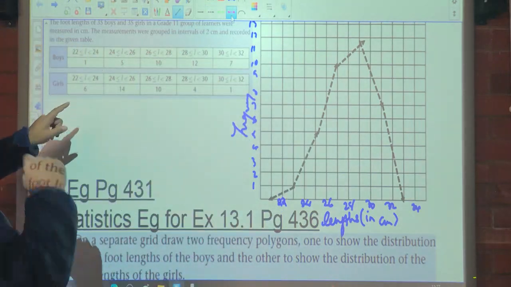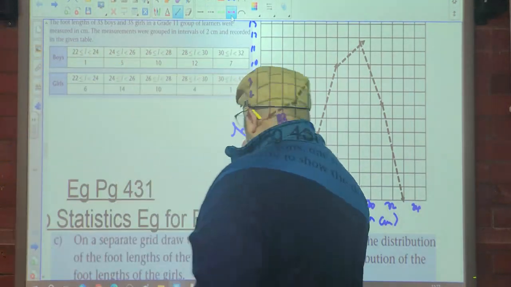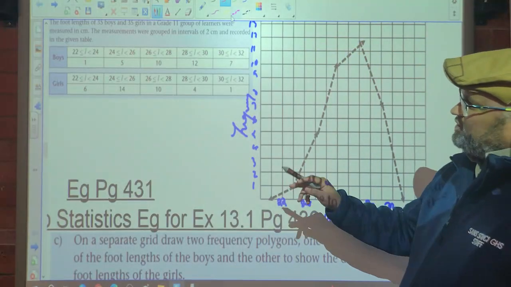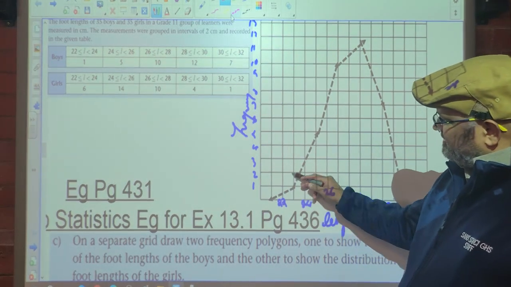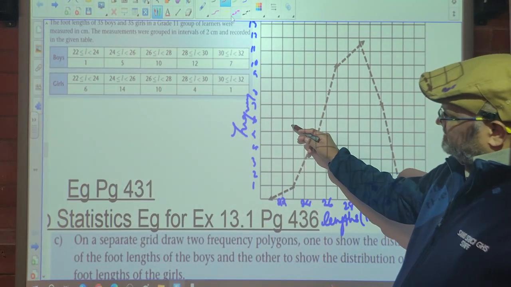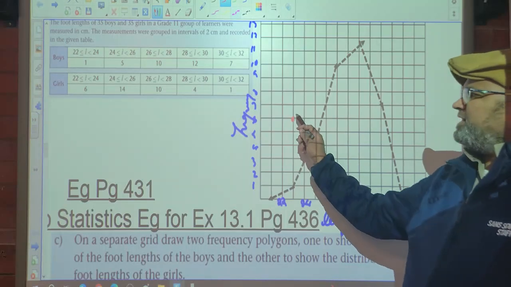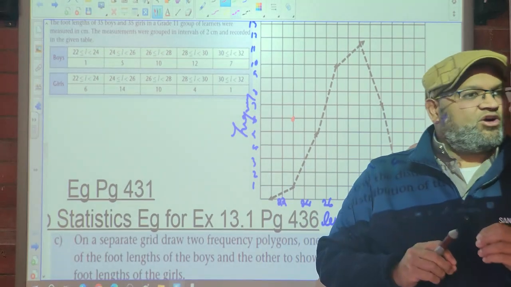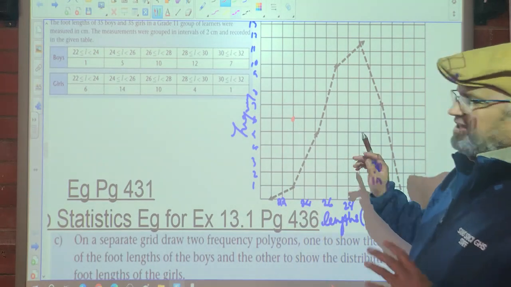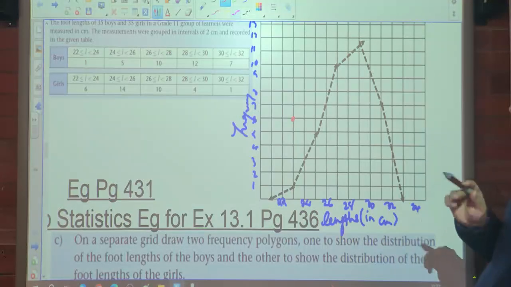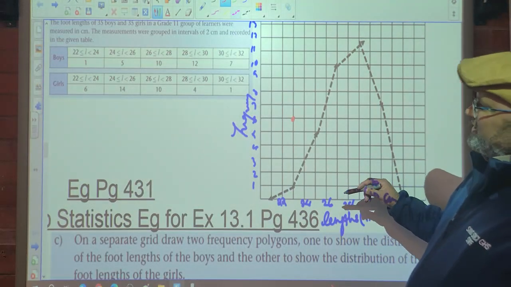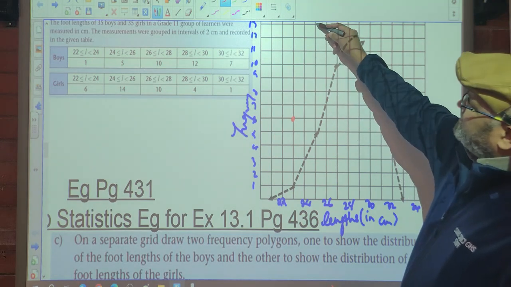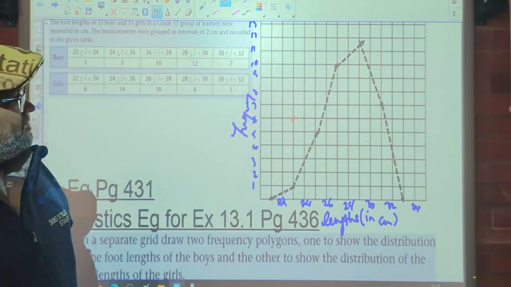Of course, we're not going to use the same key. Alright. So what I'm going to do is I'm just going to put dots out so that I know exactly where I must place the lines. So 22 to 24 is 6. 6 is there. Why at that point? Because I'm going to draw a frequency polygon. Okay, I'm not drawing a histogram. I don't need the histogram. I just estimate and I work. So the next one is 14. So it's 10, 11, 12, 13, 14.